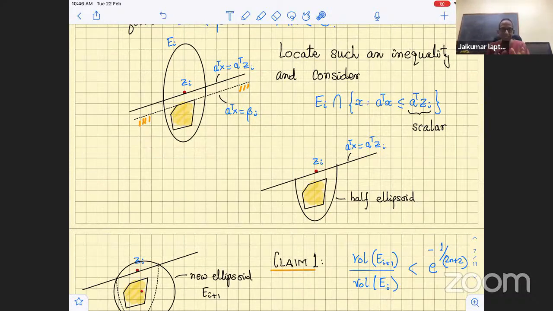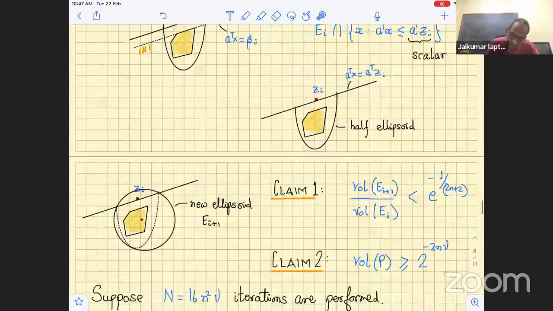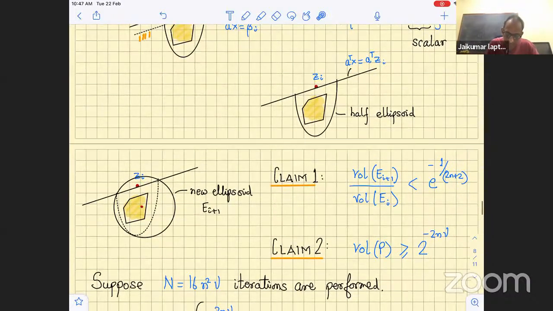So we started with an ellipsoid, we presented its center, and we asked, is this a feasible solution? It was not a feasible solution, so we took this half ellipsoid. And now we put another ellipsoid which contains this half ellipsoid: take the smallest ellipsoid that contains this half ellipsoid.